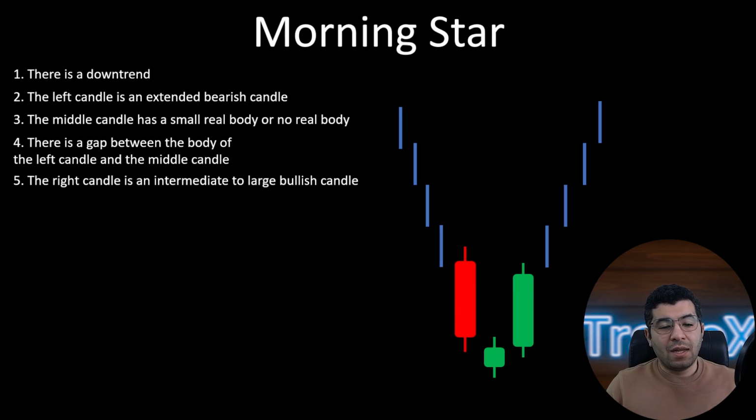The answer is the candle should have no real body or it should be among the smallest 10% of last X candles. Condition number 4 is that there should be a gap between the left or first candle with the middle candle or second candle. And at last, the right candle should be bullish and its size shouldn't be small. That means it should be among the 40% largest last candles.